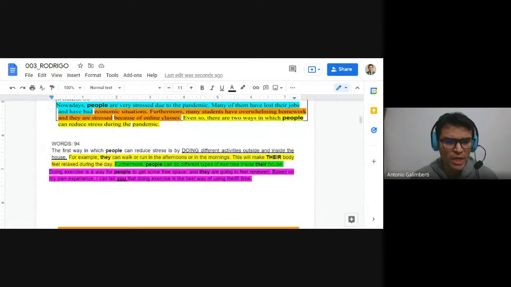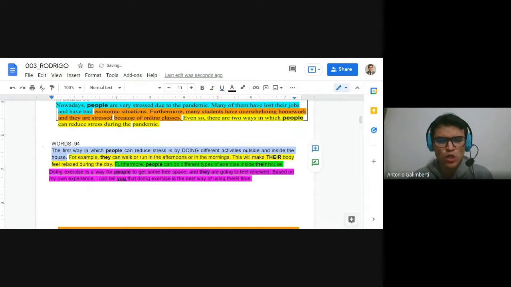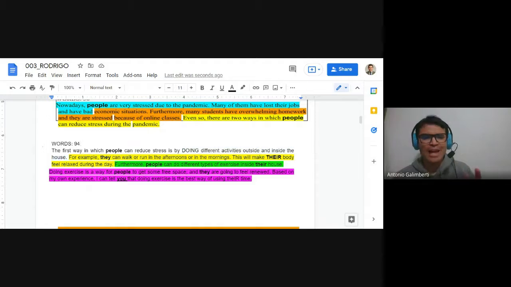The first way in which people can reduce stress is by doing different activities outside and inside their house. So this paragraph is going to have two main points: activities outside and inside the house.